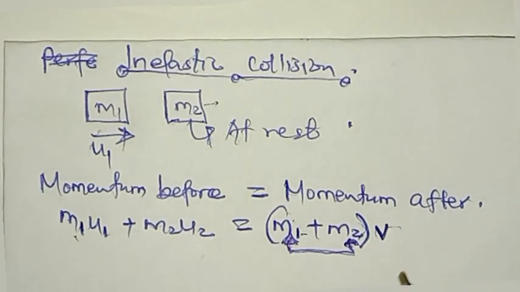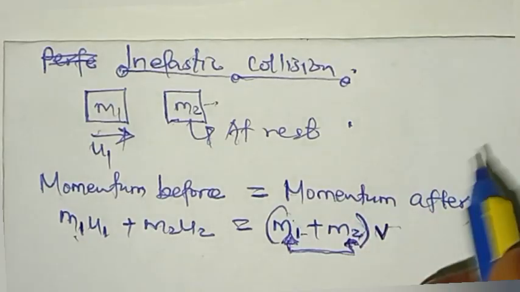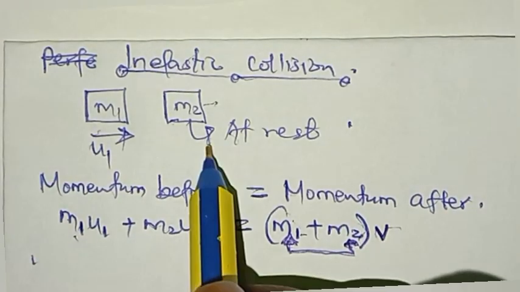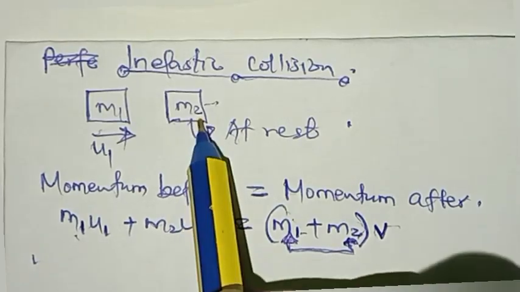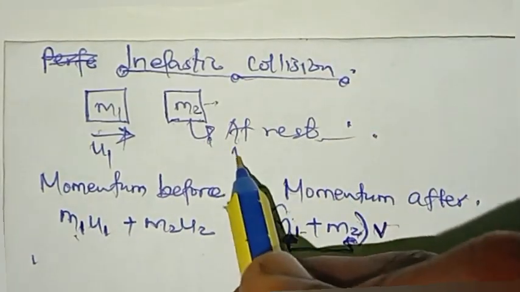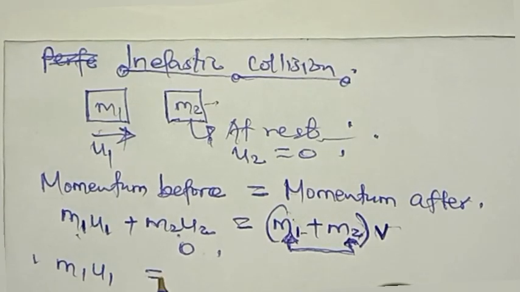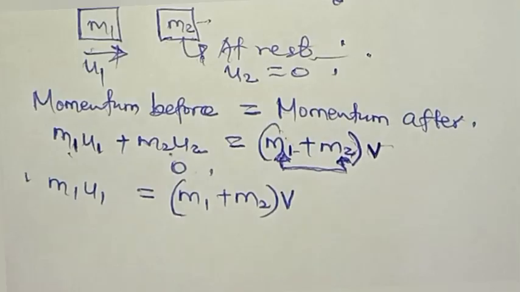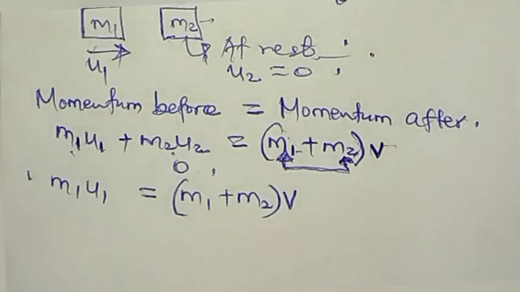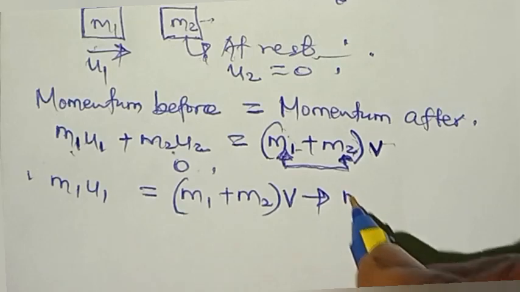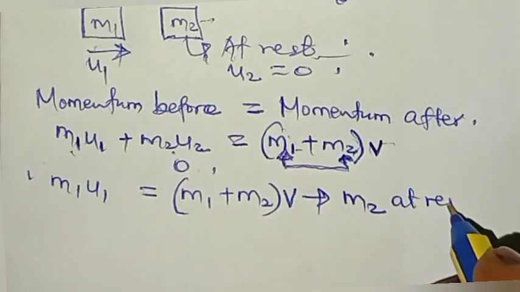And to simplify this formula, let's say the first condition, where m2 was at rest, meaning u2 was 0. So m2 u2 will be 0. So that is m1 u1 equals m1 plus m2 multiplied by v. You know that this condition is when m2 was at rest.